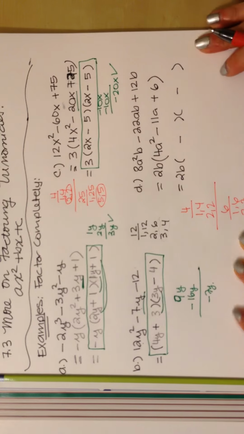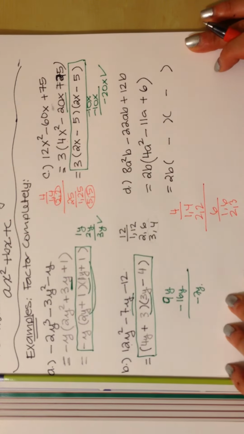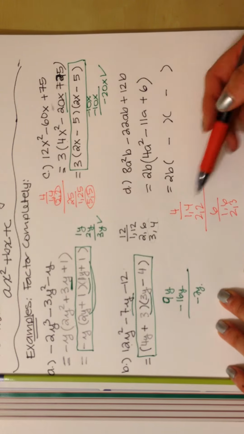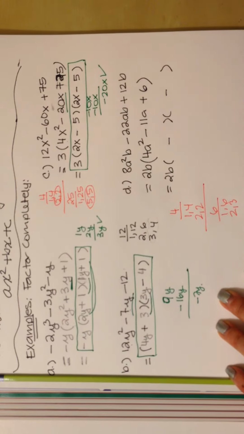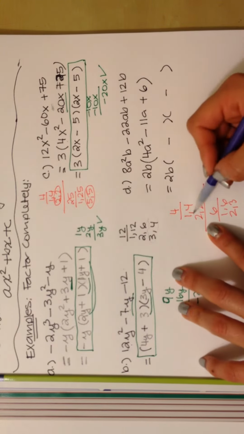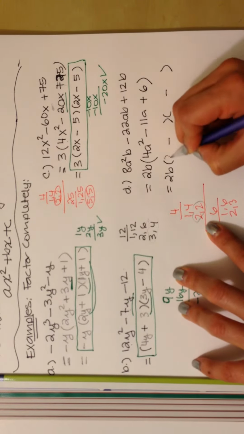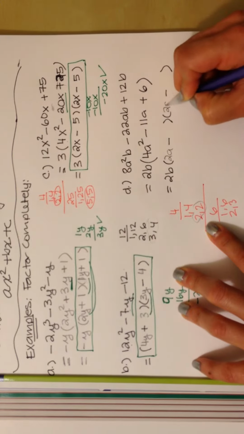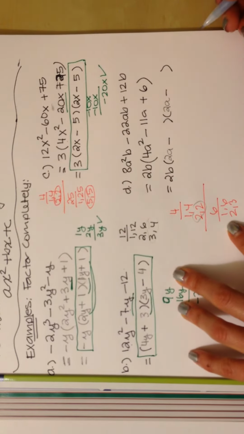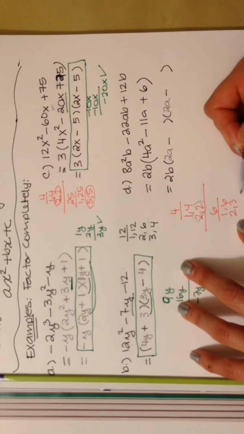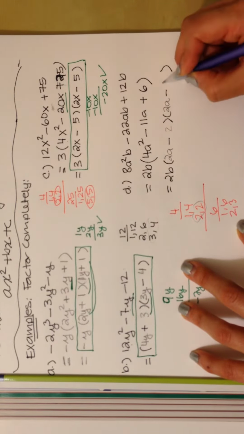Okay, so which one is it? Well, let's see. Okay, so let's use a pencil here. Let's see what happens here. If I choose, let's say 2 and 2, okay, let's say 2a, 2a. And now, let's say we try 2 and 3.